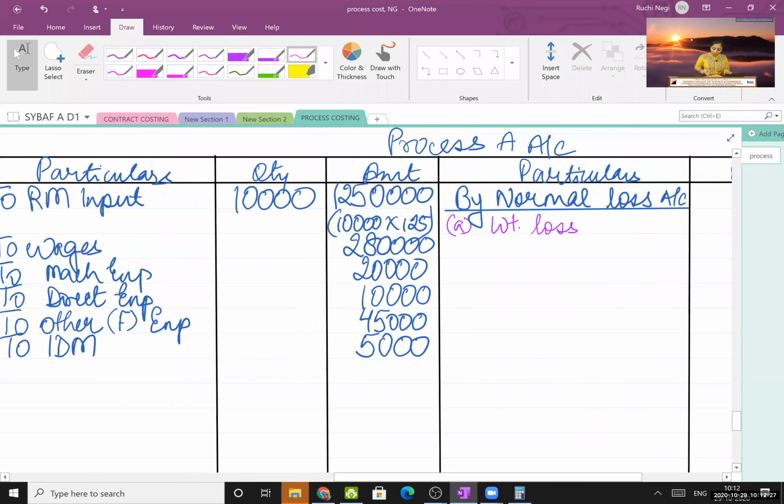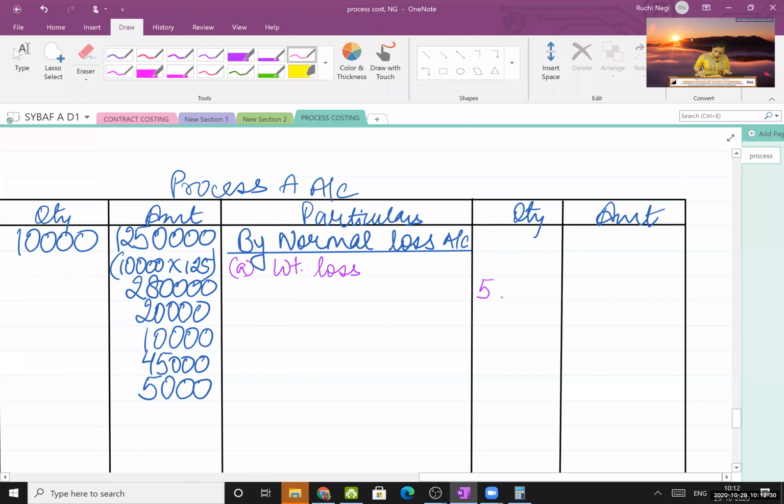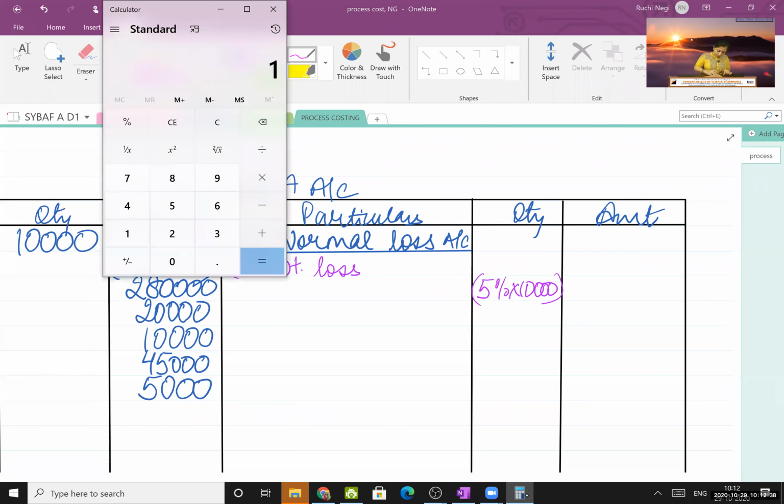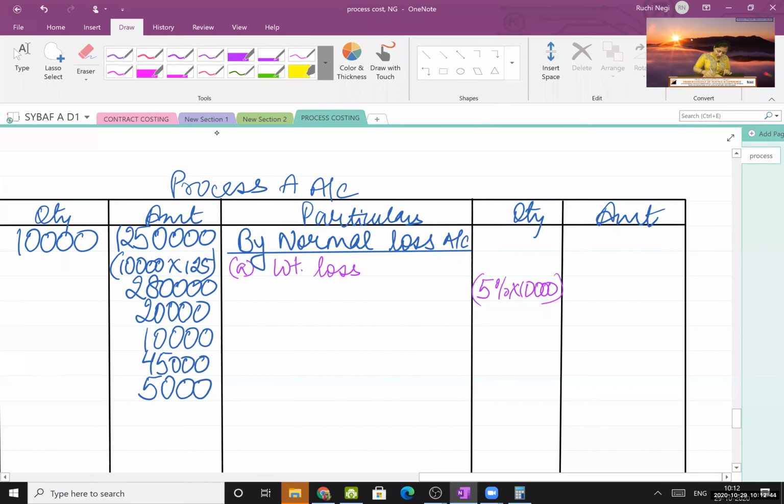So 5% of 10,000, ₹500. So right here 500. इसका scrap value नहीं होता है. So please write here nil or not applicable. Or you can put simply a dash also. तुम्हारे ऊपर है. Okay. It is not sellable, so it doesn't have a scrap value.